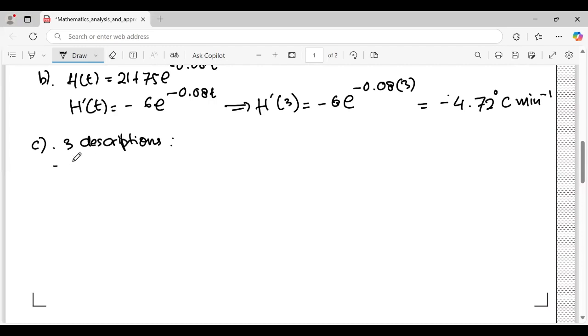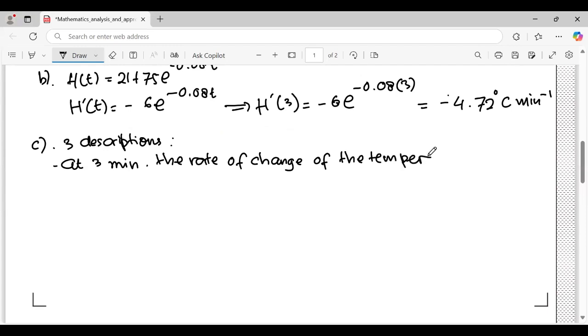The first, I would like to write here: at 3 minutes, the rate of change of the temperature is minus 4.72 degrees Celsius per minute.